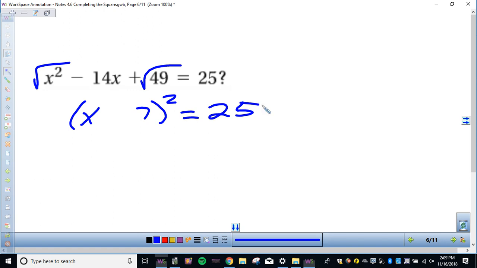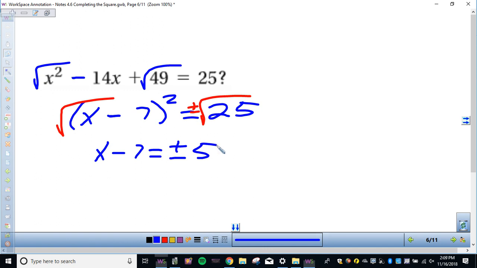What's my sign in the middle? Do you have a question, Sky? Okay. Right? I take my sign from b. Just write it down. Then I square root both sides. So the only difference between this and the last problem is it's a minus instead of a plus. So we have x minus 7 equals plus or minus 5.